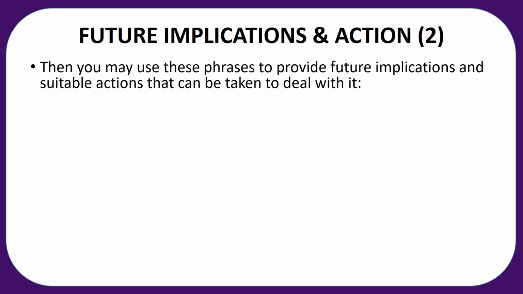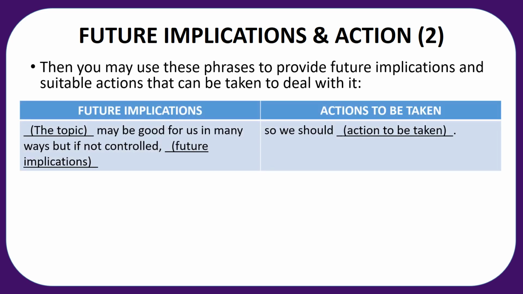To write the future implications and action, you may use these phrases. The topic, whatever it is, may be good for us in many ways, but if not controlled, then you give the future implication. Followed by, so we should, and then mention whatever action can be taken.